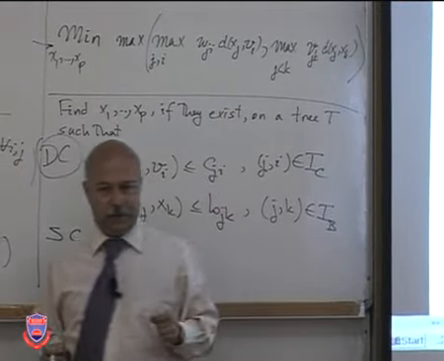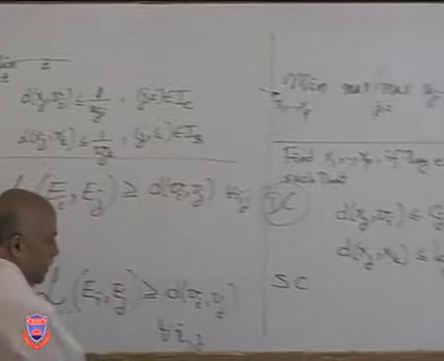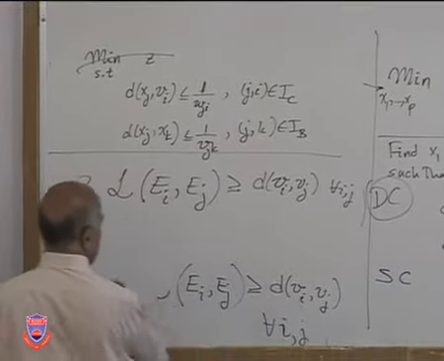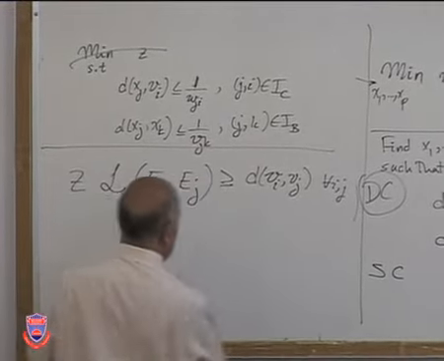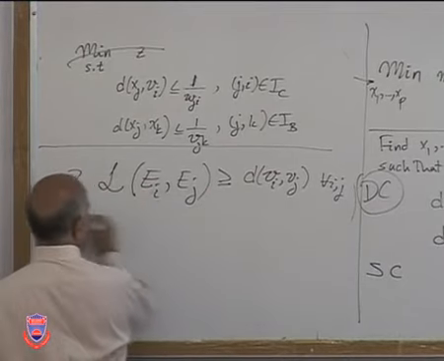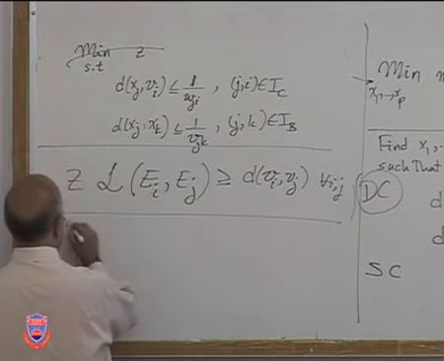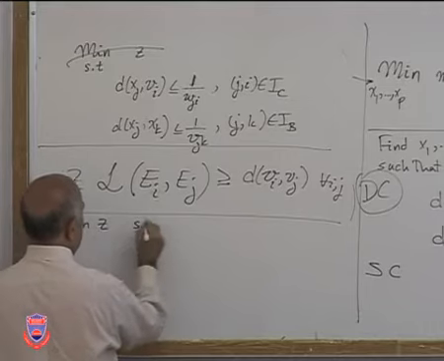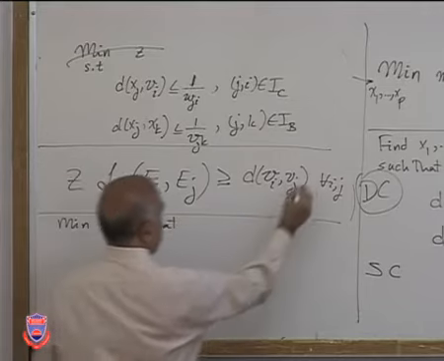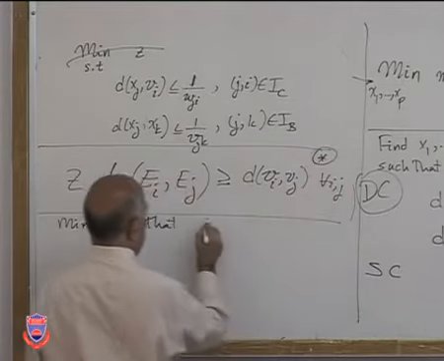So this actually tells you that you're looking for the minimum value of z such that the conditions that we outlined here hold.